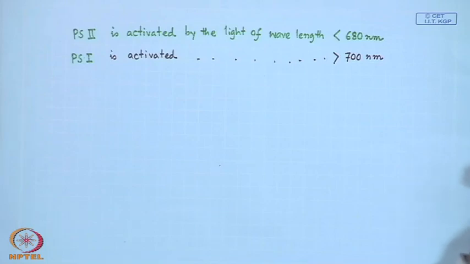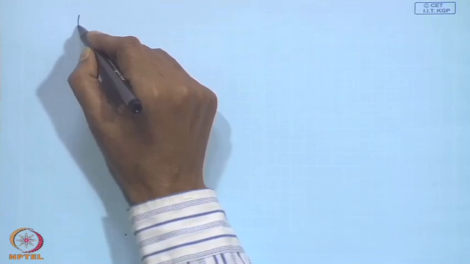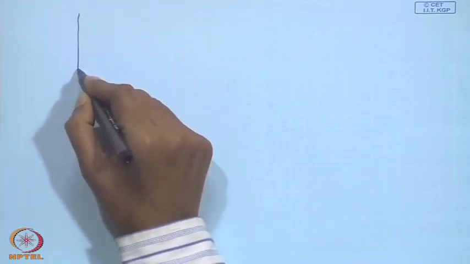So, these two centers, PS1 and PS2, are responsible for one phase which we know as the light phase and another as the dark phase.